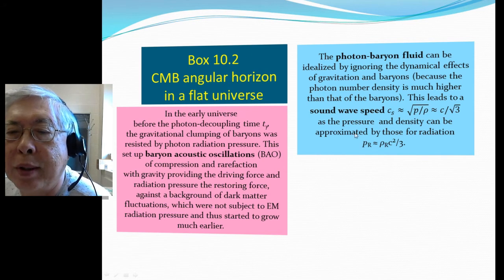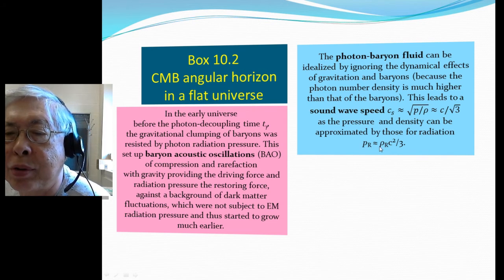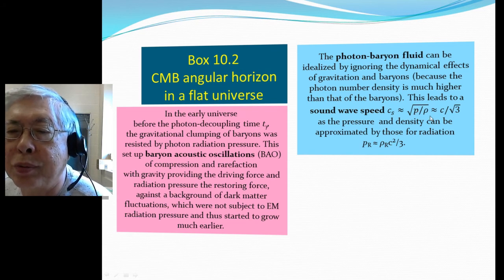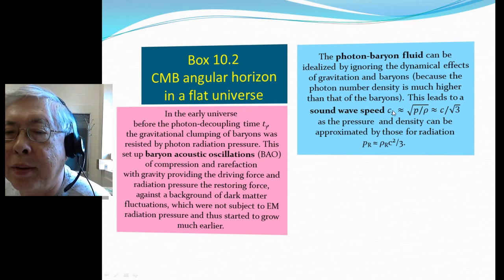Mainly taking the photons, the radiation pressure is one third of the radiation density, so P is one third of rho c squared, and you get c over square root 3 as the sound speed of this photon-baryon fluid.